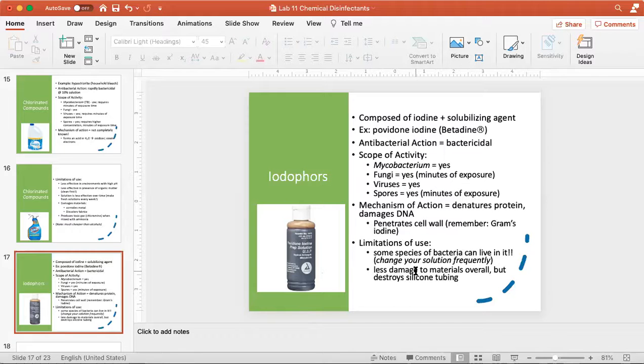Iodophores are less damaging to materials than alcohols and bleach are, but there's one material that iodophores will destroy, and that's silicone tubing. We use a fair amount of silicone tubing in medicine. We use it for our machines that we use in hospitals and doctors' offices, and we use it for patient care. And iodophores will destroy it.